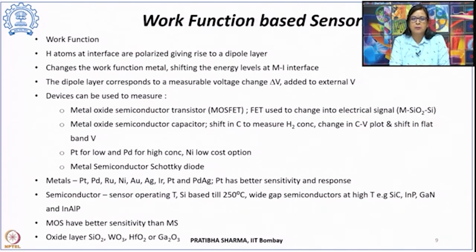But typically these metal oxide semiconductors have better sensitivity compared to the metal semiconductor Schottky type of diodes. The oxide layer which is present could be either SiO2, WO3, HfO2 or gallium oxide.